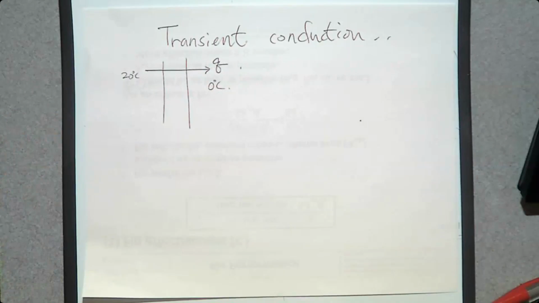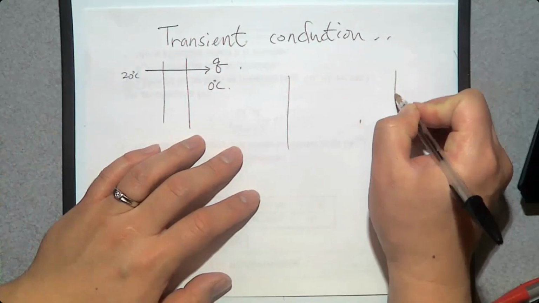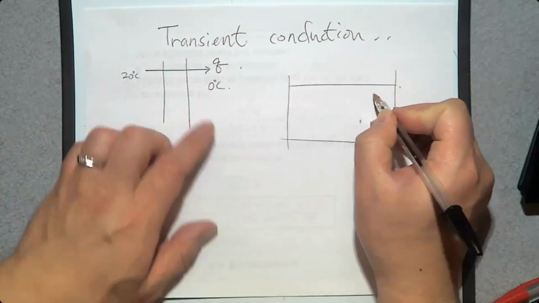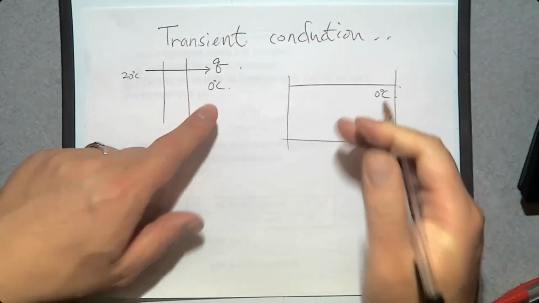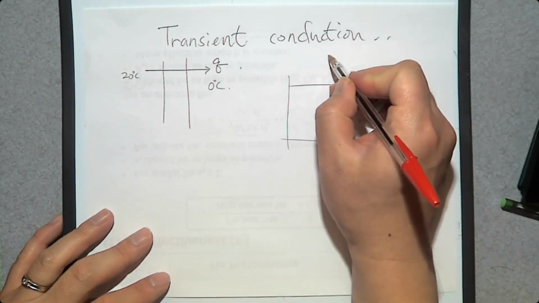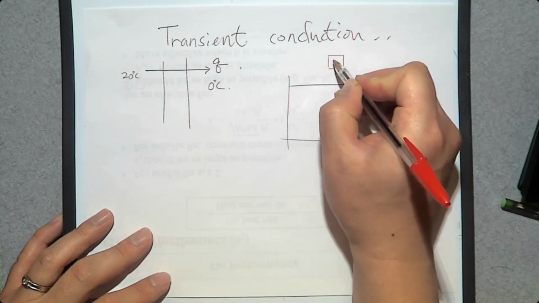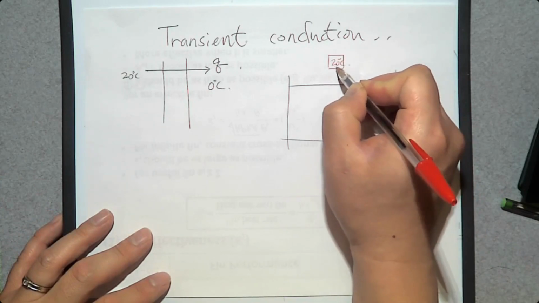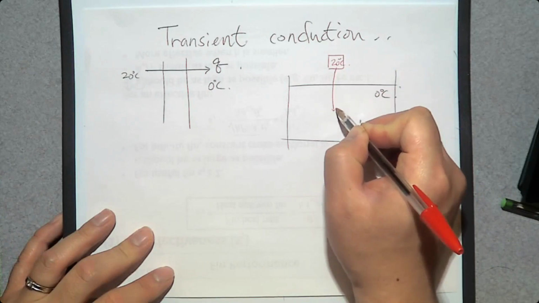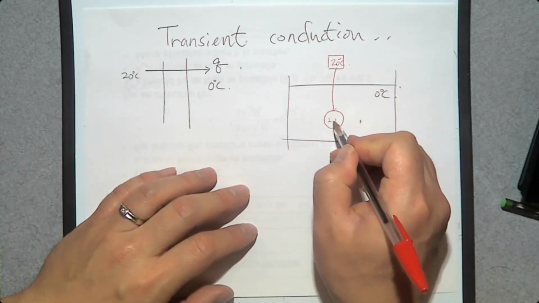Then what is a transient problem? I have a water tank that is maintained at 0 degrees Celsius, so it's freezing. And I have a solid whose temperature is 20, and it is just dropped into the water. Initially 20.